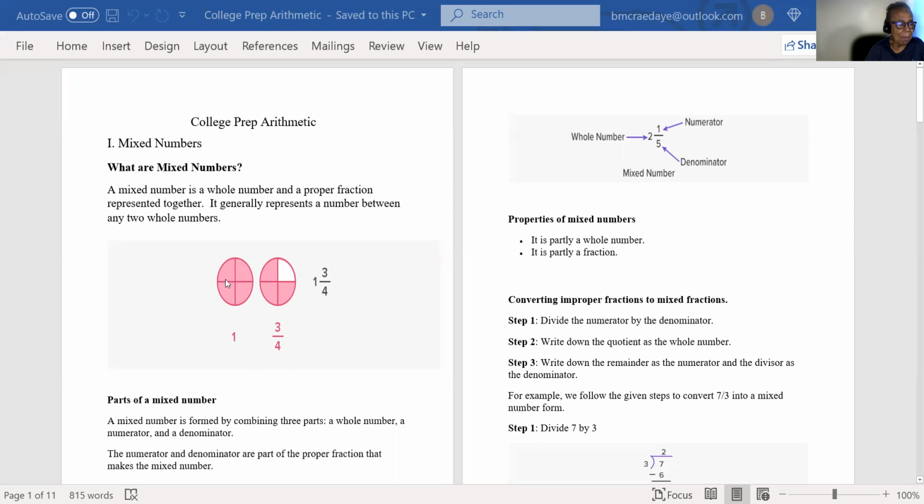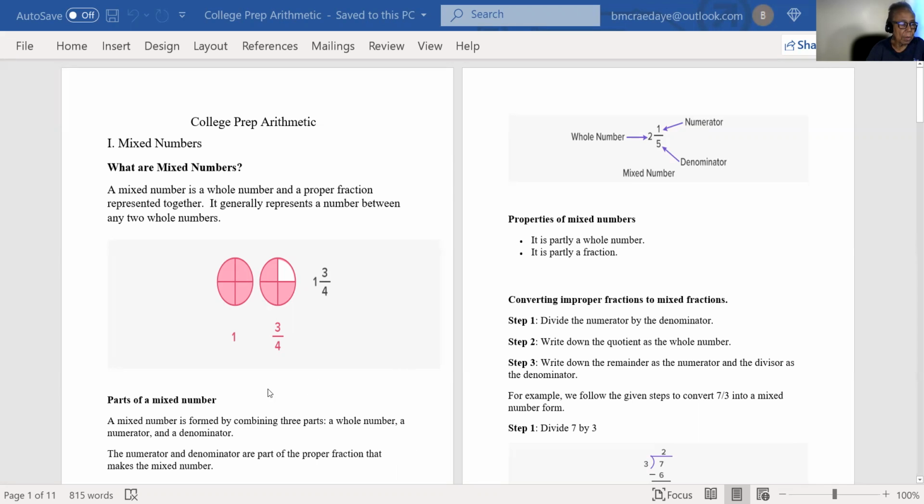We have a diagram here. You notice 4 parts, each one represents a fourth, and that's the whole number. And then you have the proper fraction, 3/4. Notice shaded, you have 3 parts of the circle, which represents the fraction 3/4.